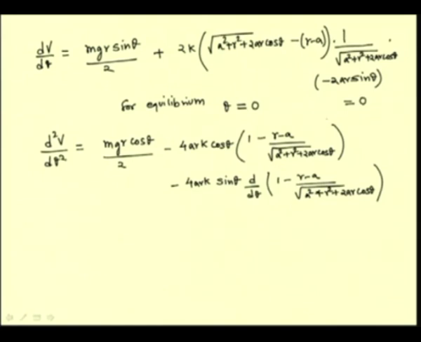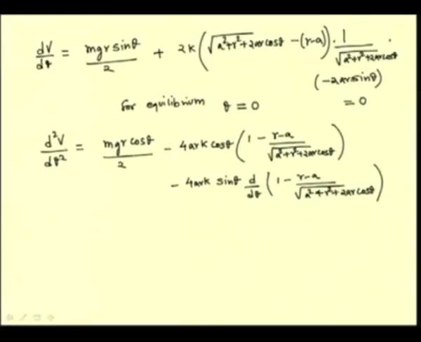Here we are interested that the door has to be insensitive to any disturbances. That means the second derivative also has to be 0.